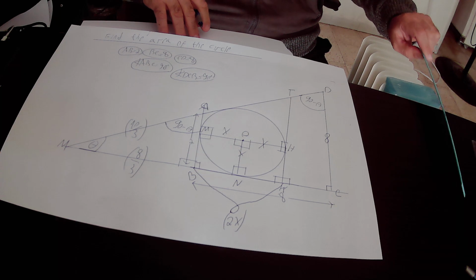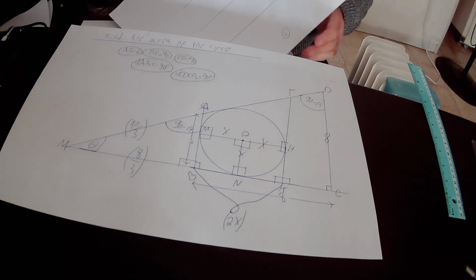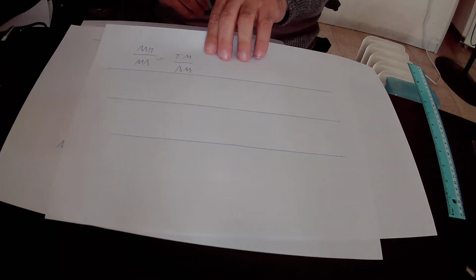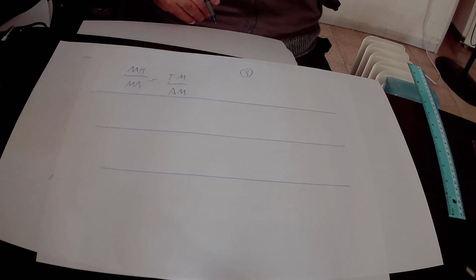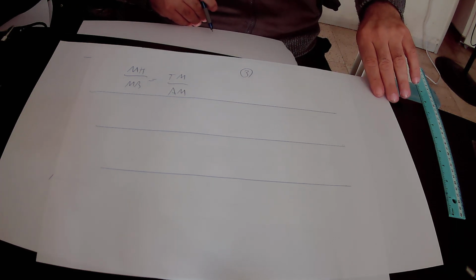Repeat again: MK over MB equals TM over AM.